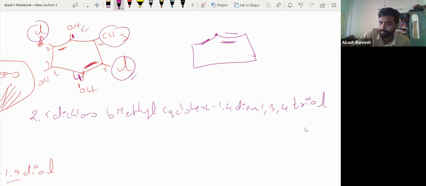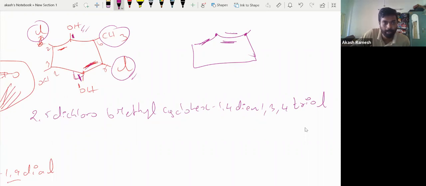How is it coming like this? One bond, 2, 3, and 4. But a triple bond should not be possible. If I take this carbon, what happens? 1, 2, 3, 4. A triple bond is not possible.